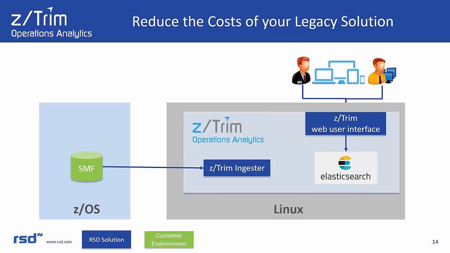And then there is a Ztrim web user interface. When you're looking at that Linux environment, this is a completely self-contained package, and the web interface is available so that users can use any browser they want to access Ztrim Operations Analytics dashboards.